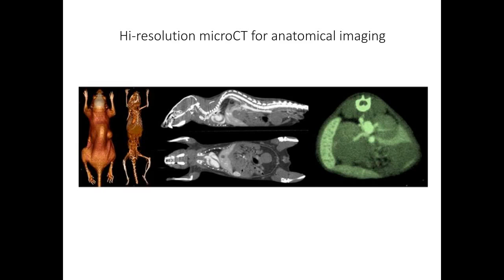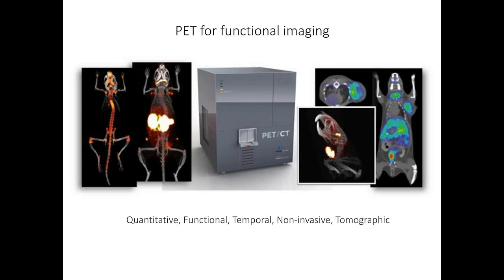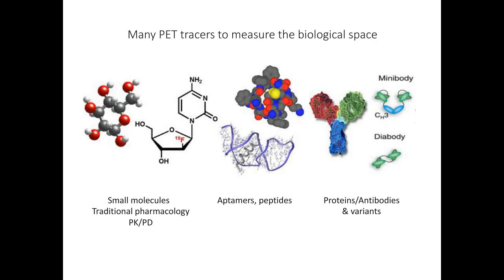So at the Crump Institute, our bread and butter, I would say, is positron emission tomography, which is PET imaging, using radio-labeled tracers. These tracers range from small molecules, which are from traditional pharmacology, drugs of interest, to biological molecules inside the body, for example, glucose, aptamers, peptides, and also proteins, and a lot of which currently are focused on antibodies, minibodies, diabodies.